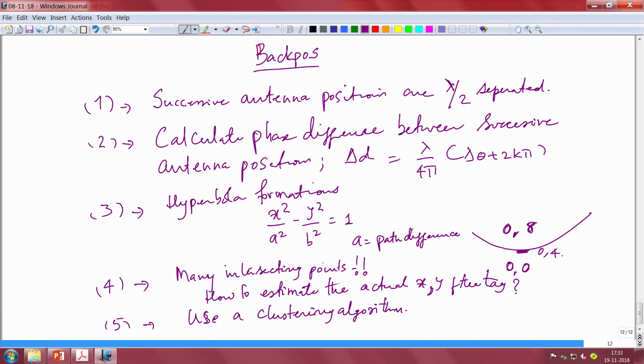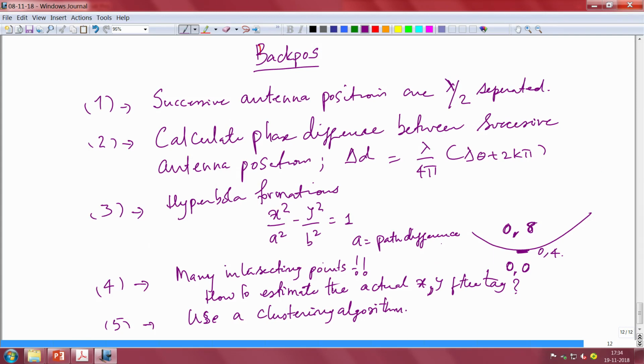That means I moved 8 centimeters and made 2 readings, or I had 2 antennas, one at 0 0 and one at 0 8, and I was throwing power at a tag which is located at xy. This is x1 y1 and this is x2 y2. The hyperbola is essentially formed in between the two, right. So at 0 comma 4 you can actually draw a nice hyperbola, right.